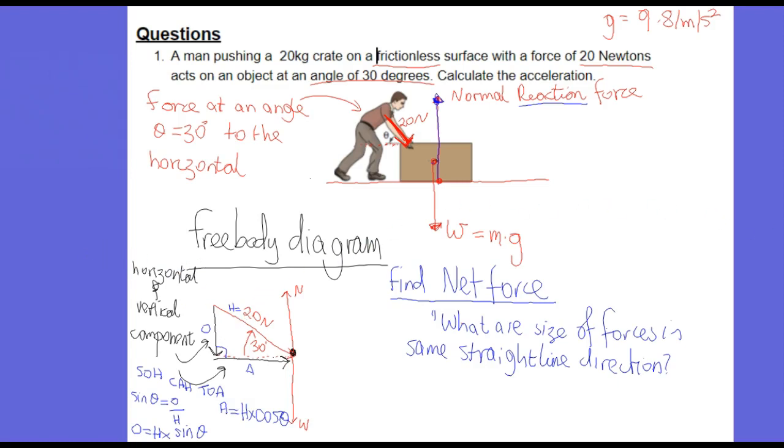So let's look at our two overall now. You can break this down into two versions of the net force. We get what's called a horizontal net force, or a parallel to the motion net force.